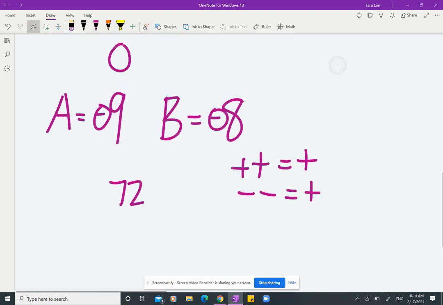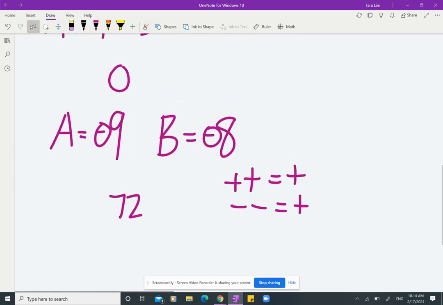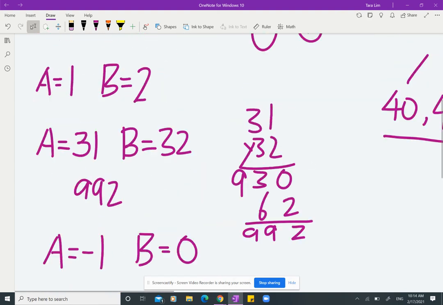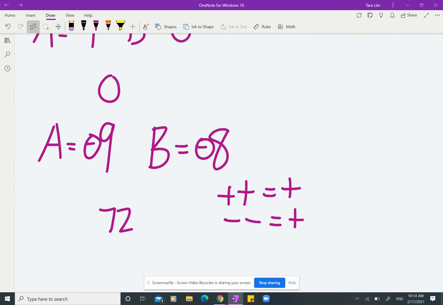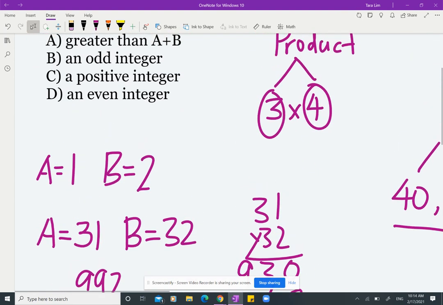So negative negative is positive. That's why it is a positive 72. Well, that's not important, but 72 is an even number, so it is correct. So the answer is D.